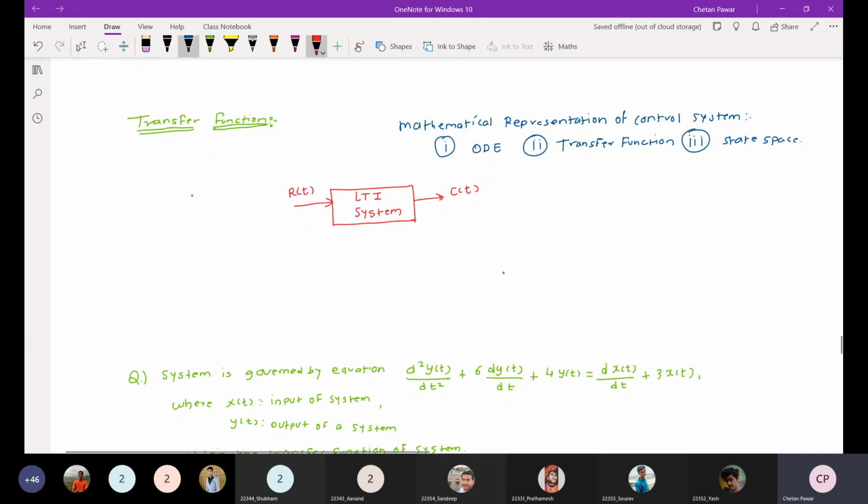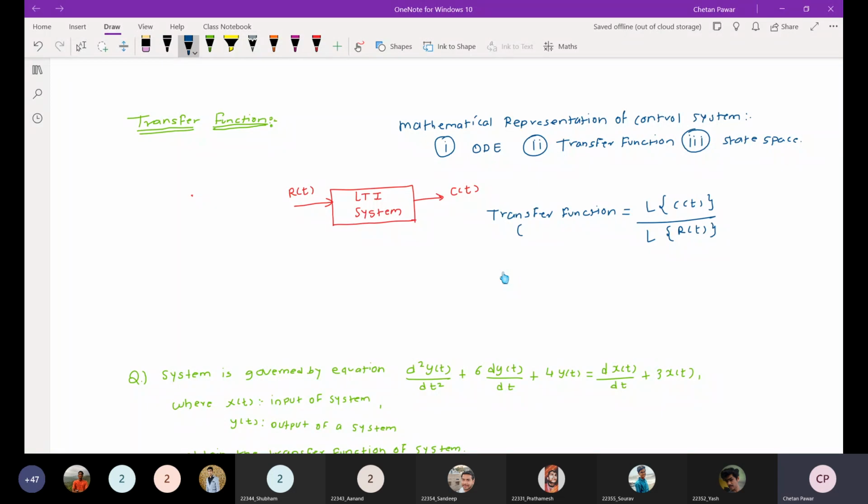Okay, so what is meant by transfer function? Transfer function is the ratio of the Laplace transform of the output signal to the Laplace transform of the input signal.